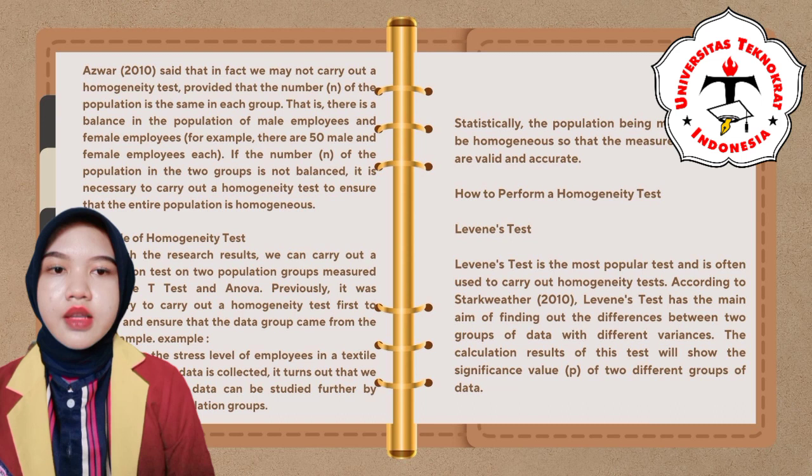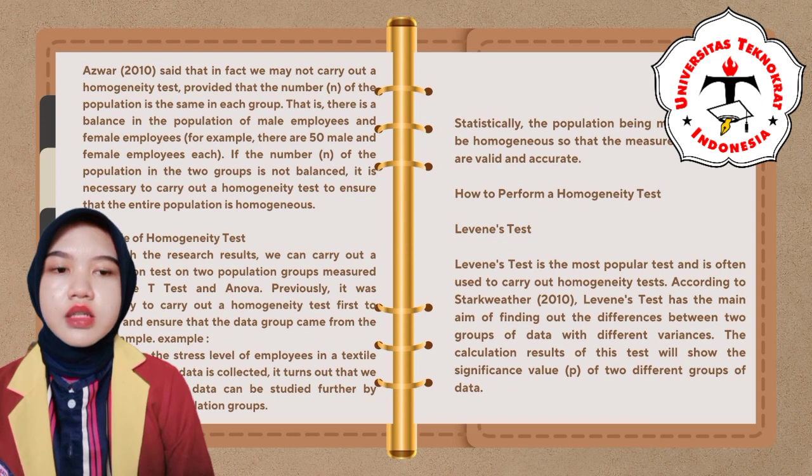Example of homogeneity test. To enrich the research result, we can carry out a comparison test on two population groups using the t-test and ANOVA. Previously, it was necessary to carry out a homogeneity test first to ensure that the data groups came from the same sample.